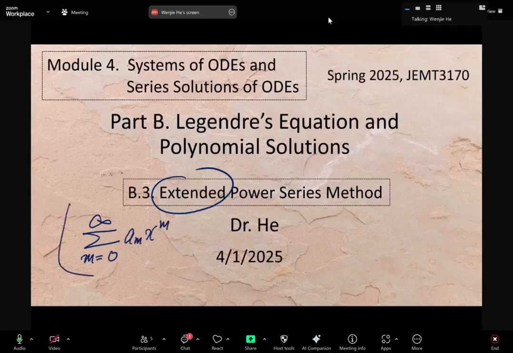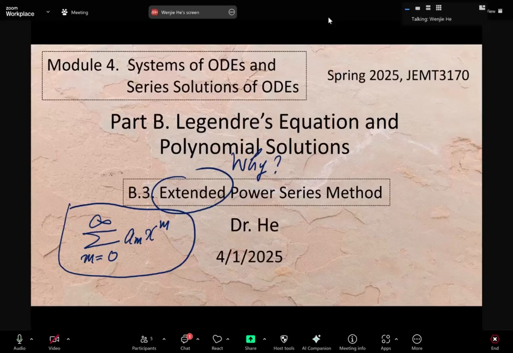Let me explain why we need to do this extended way. Let's recall our own experience, because we did extended things twice before. The first time, we extended separable ODEs. Why?